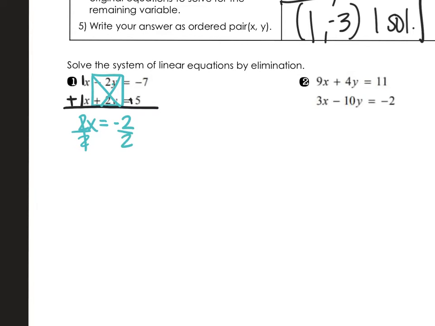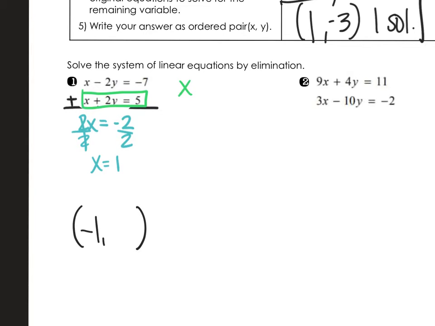Finish solving for x by dividing by 2. x equals -1. I'm going to write that in my ordered pair. And now you want to take x and plug back into one of these equations. So again, I'd probably plug into the bottom just because it's positive.